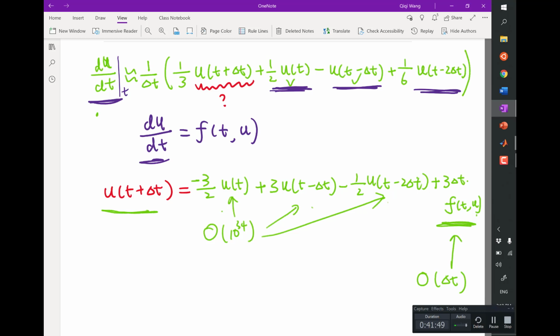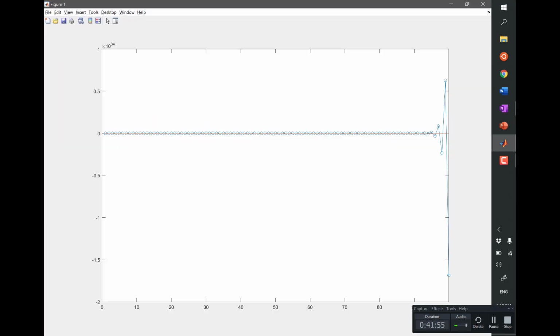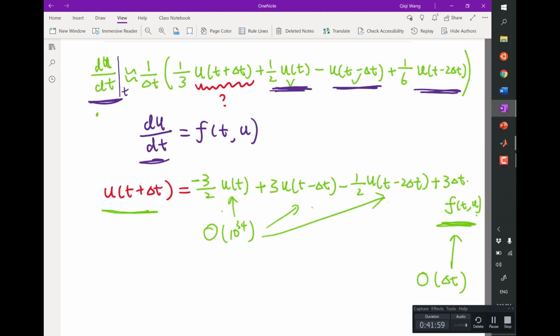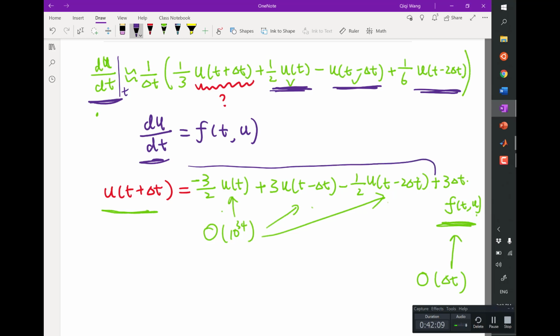Even when we have a case that f is not really significant, we still see the error becoming bigger and bigger and bigger. So that helps us focus the problem on not the f part of the equation, but on this part of the equation, right?